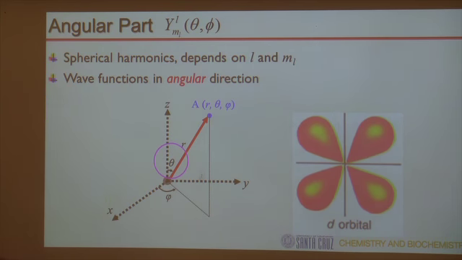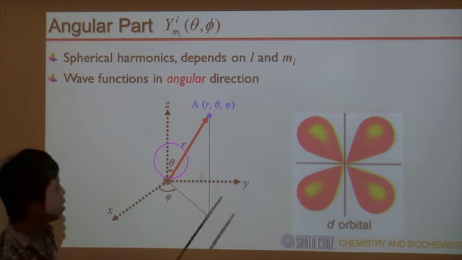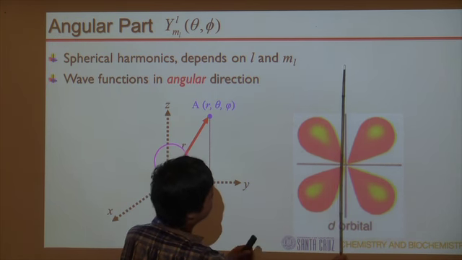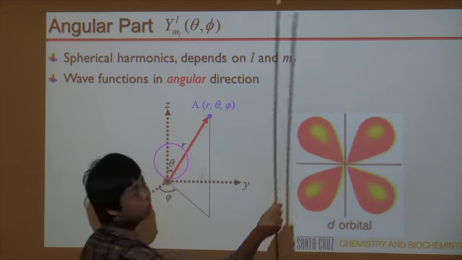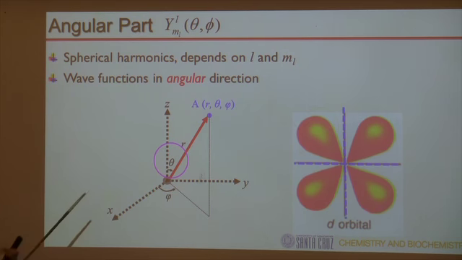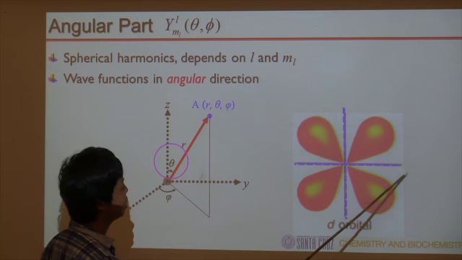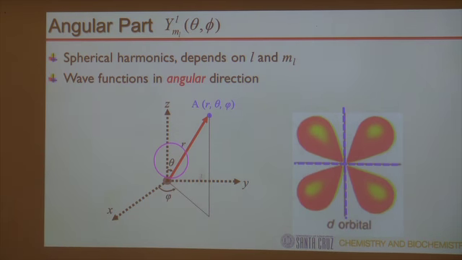We don't need to talk about phi, we have fixed phi. So this one corresponds to theta equals 0, and this one means theta equals pi over 2. And the number of nodes is 2.